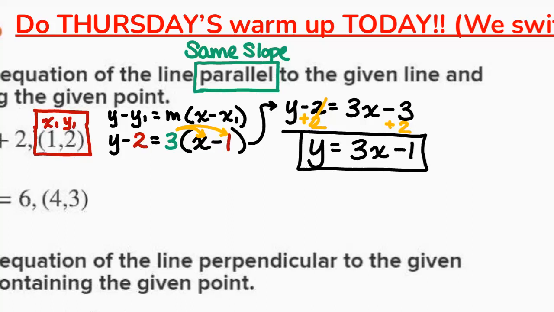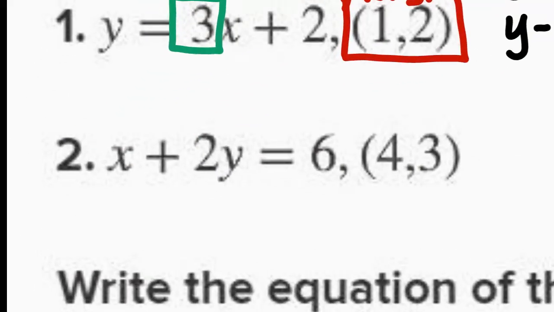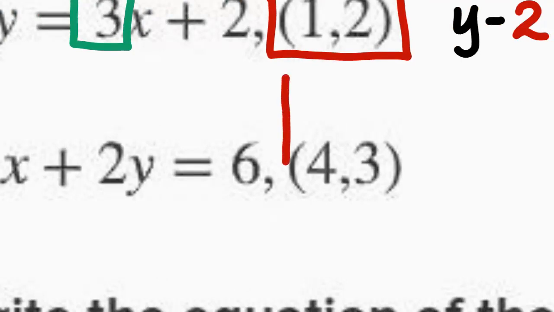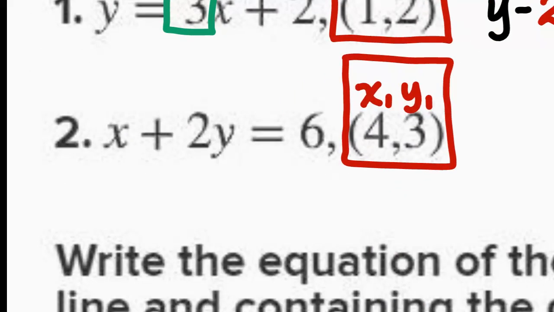Number 2, can we look at that and just grab the slope like we did on number 1? It is not in slope-intercept form, so we can't do that. I need to put it in slope-intercept form first, and then I can use my point slope form. So slope-intercept form has which piece all by itself? Y needs to be all by itself. So I need to get rid of anything over on the left that's not y.